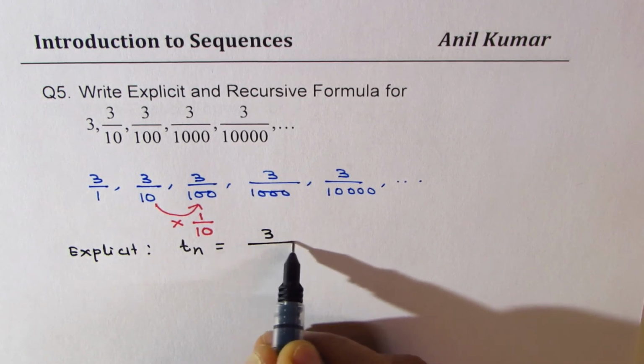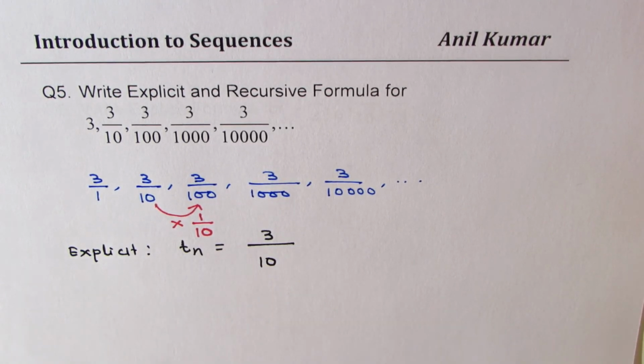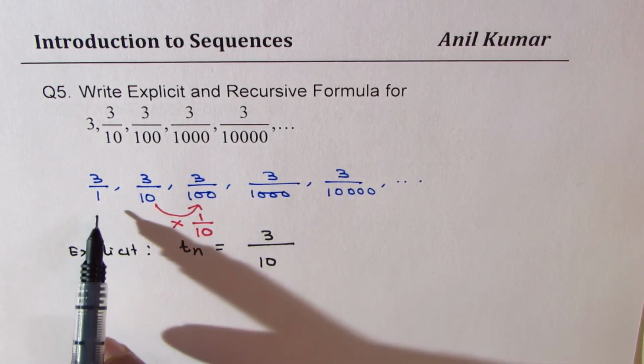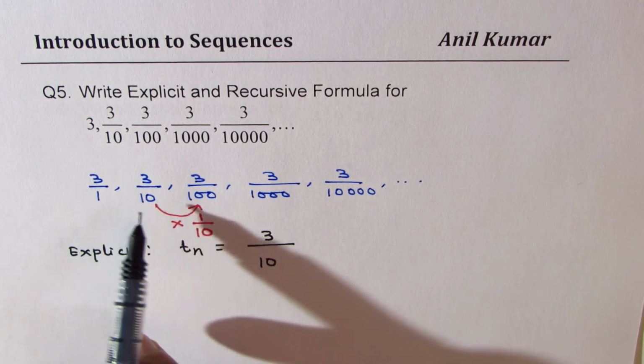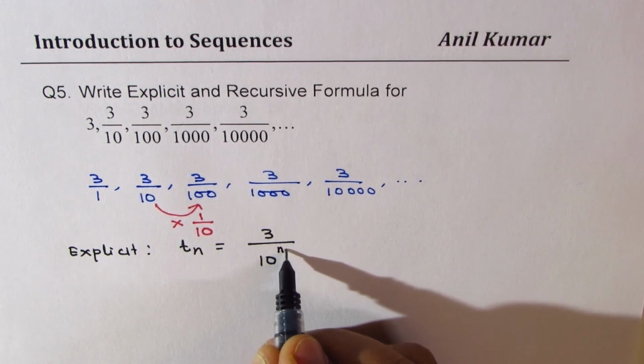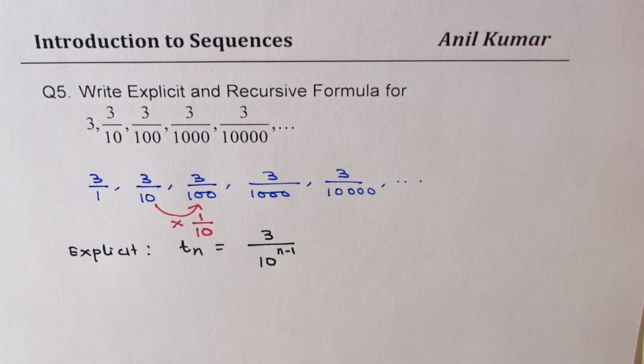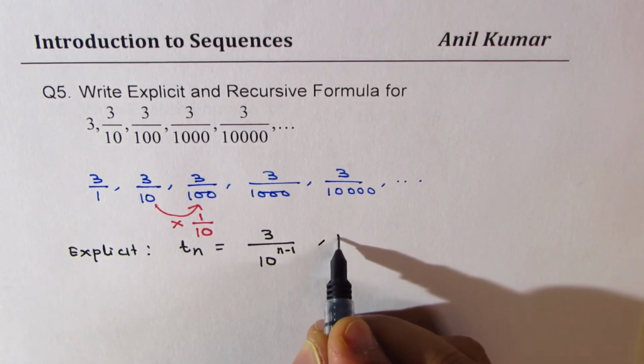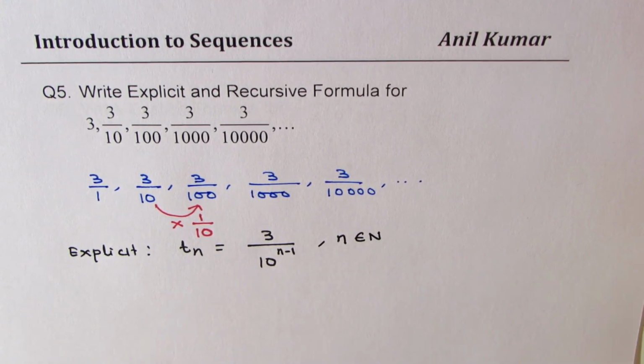So 3 over 10 to the power of what? Now in the first term, it is 10 to the power of 0, and here is 10 to the power of 1. So it has to be n minus 1, correct? So that becomes the explicit formula where n belongs to set of natural numbers.